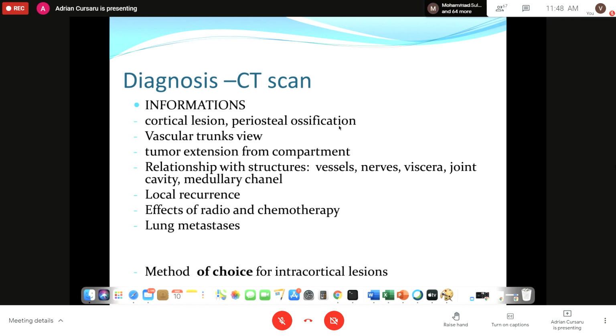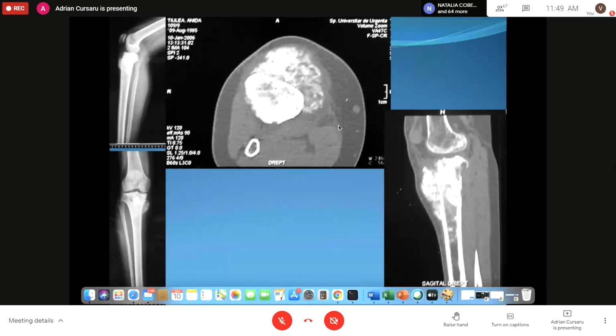And another important thing about that type of investigation is that it represents the method of choice for intracortical lesions. You can see here the discrepancy between the X-ray and the CT scan. Here it is a lesion, probably we have osteocondensation on the proximal part of the tibia.